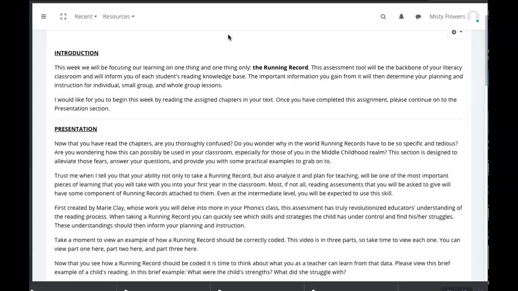Is the syntax correct? If visual information were used, ask yourself, does the attempt look visually similar to the actual text? Visual does not refer to use of the illustration or picture. It's does the attempt the child made look visually similar to the actual text? When you are analyzing errors, you are thinking about whether the attempt makes sense up to and including the error.